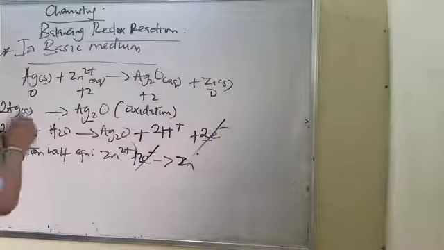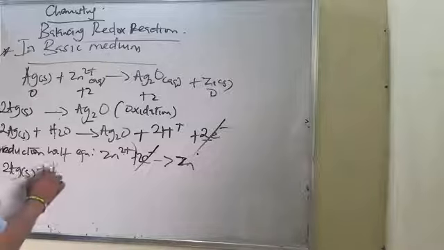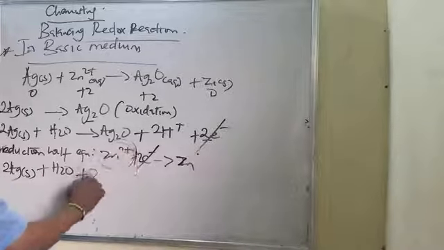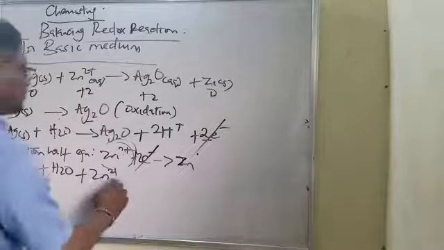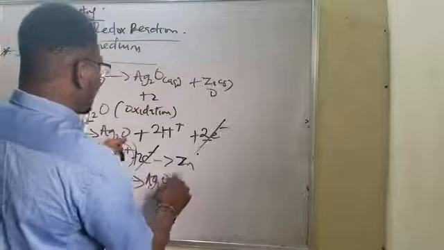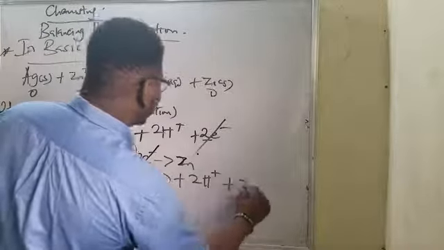So we start up here, which is 2Ag plus H2O, plus this reactant here, Zn2+, all to give me Ag2O plus 2H+ plus Zn.